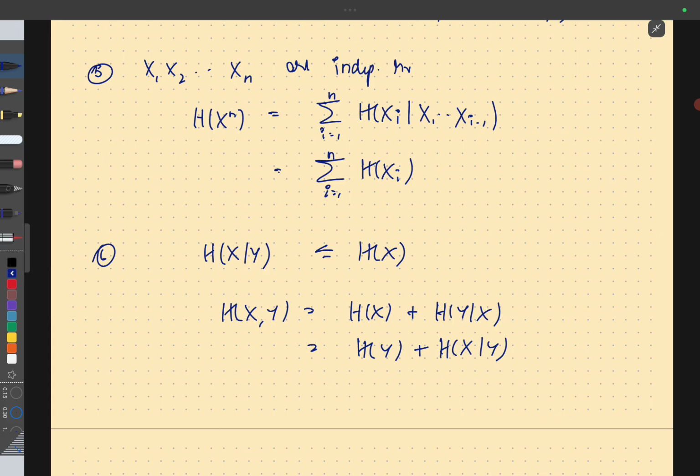We'll revisit this a little later, but maybe some of you have already seen the fact that conditioning reduces entropy, but you still need to prove it. That's why it's important to prove things.